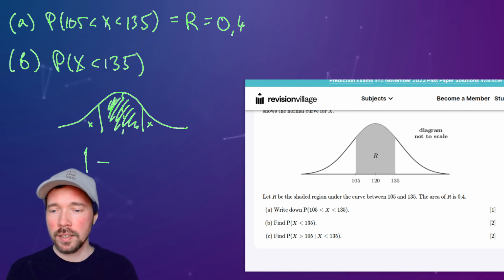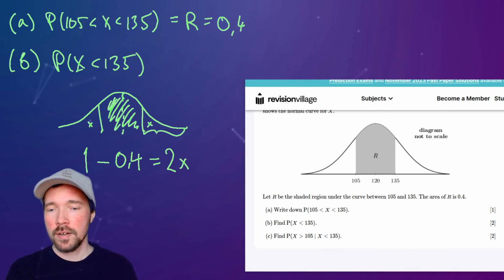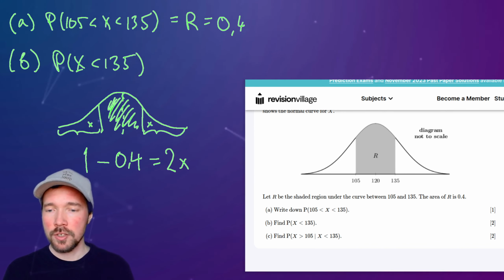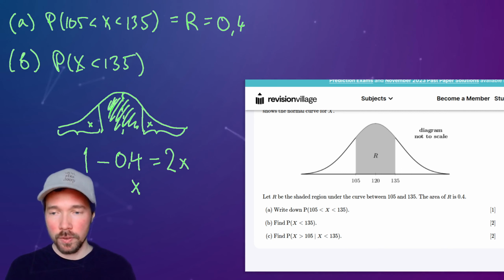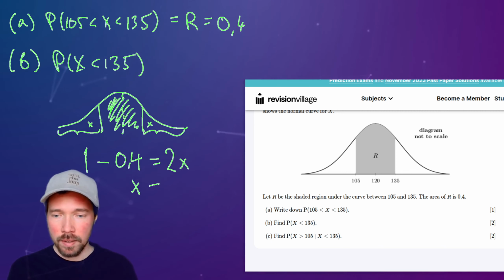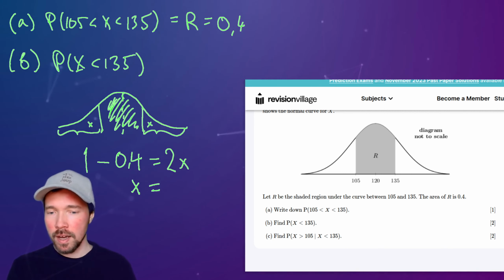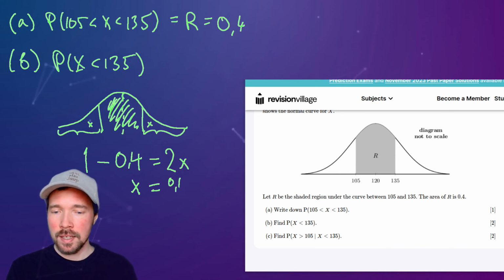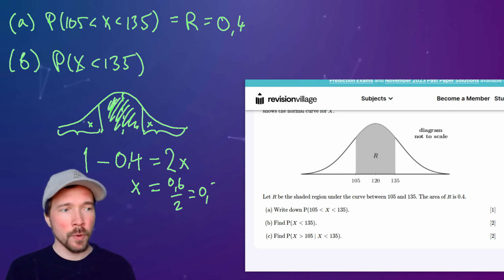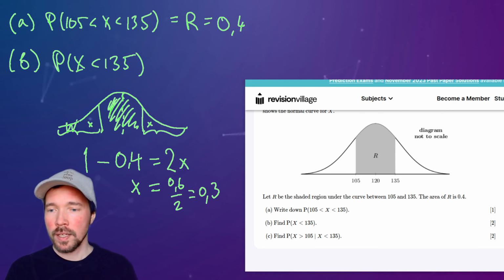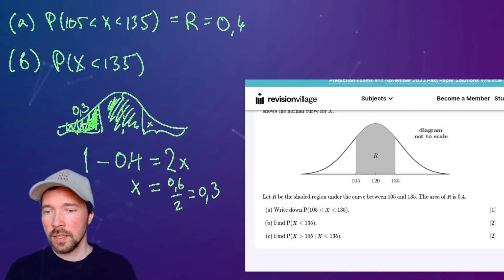When I subtract R, which is 0.4, I get 2 times x, where x denotes each of these two areas. So I can quickly solve that the white area on the left side, which is equal to the white area on the right side, equals 0.6 divided by 2, which is 0.3.